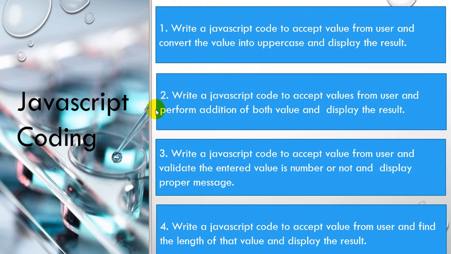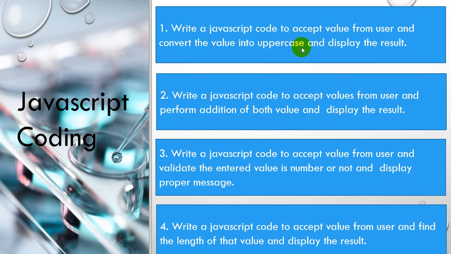Now we have the second question: write a JavaScript code to accept values from the user. Half of the question is the same. We have to use a prompt box and accept values, and inside that we have to perform addition of two numbers.